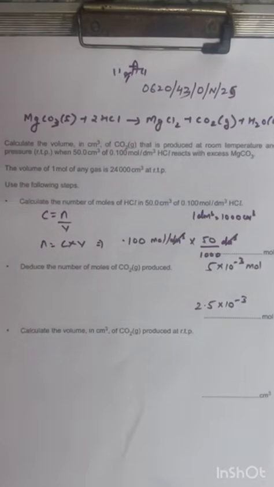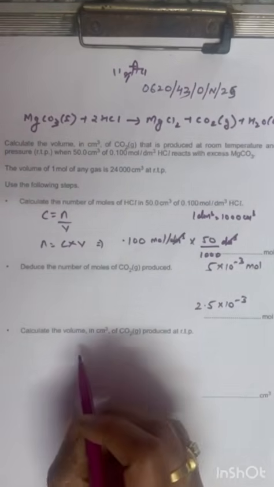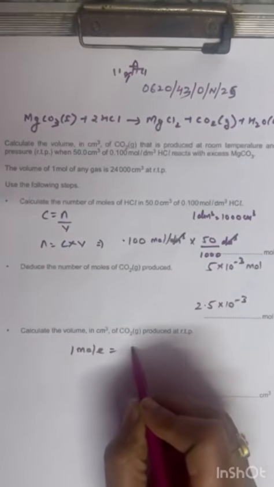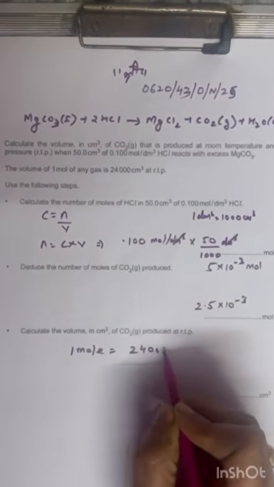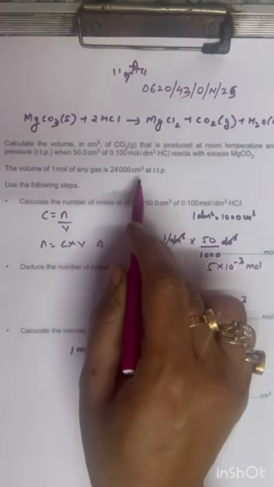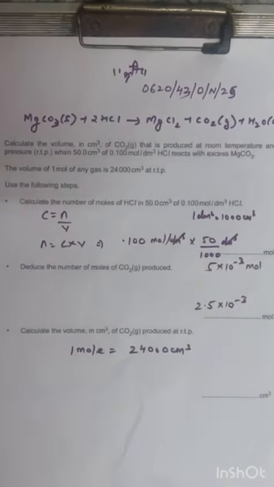Last part, calculate the volume in centimeter cube of CO2 produced at RTP. So RTP means 1 mole will be equal to 24 decimeter cube of gas. Now over here, 1 mole will give you this much. It's mentioned over here in the question, 24,000 centimeter cube at RTP.